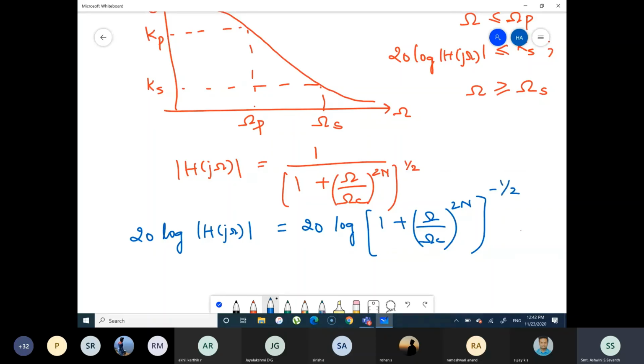Minus 1 by 2. Then this minus 1 by 2 can be brought down along with this term 20, isn't it? 20 log a to the power n, that n can be brought down. So that will become minus 10 log of 1 plus omega by omega c to the power 2n.